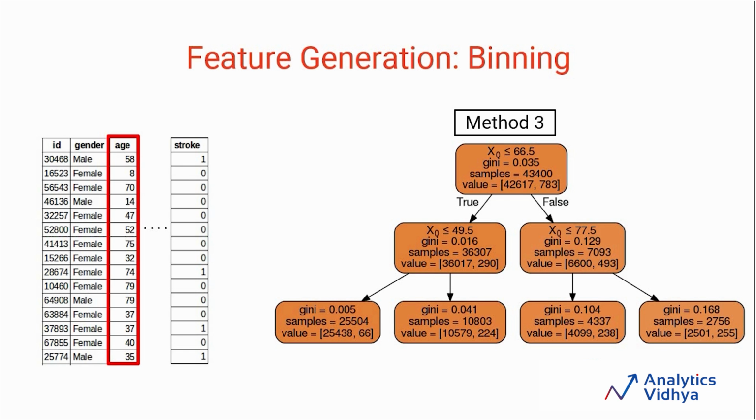Here we have threshold values of 49.5, 66.5 and 77.5. You can see the first split has happened on 66.5. Then in the left branch of the decision tree, the split has happened on 49.5, and for the right branch it is 77.5. And we can now generate bins accordingly.